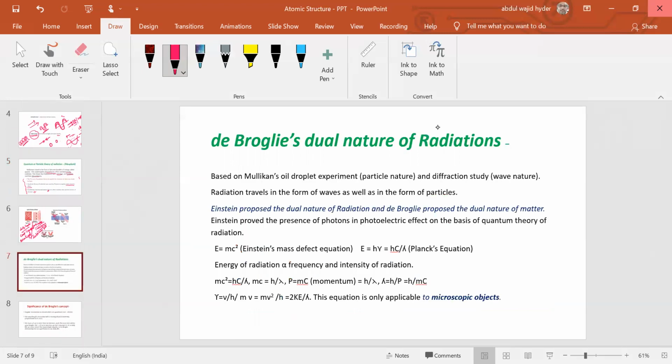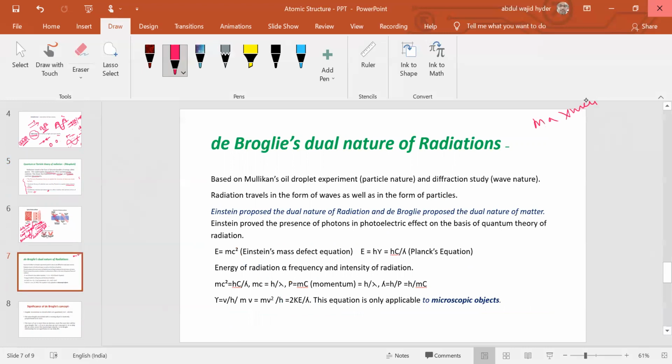Now see, Maxwell is saying that radiation shows wave nature. And Max Planck is saying that radiation shows particle nature. So who is true? We don't know.